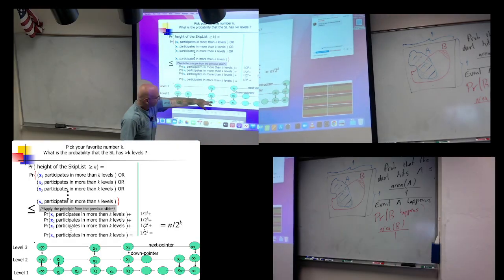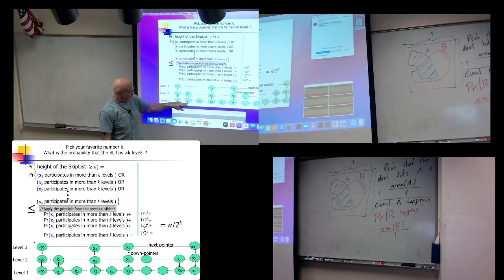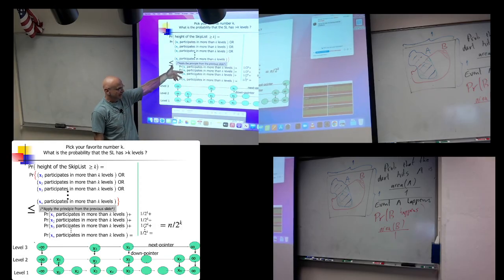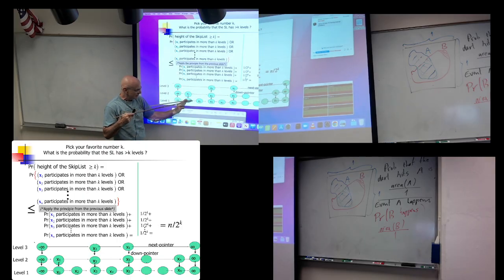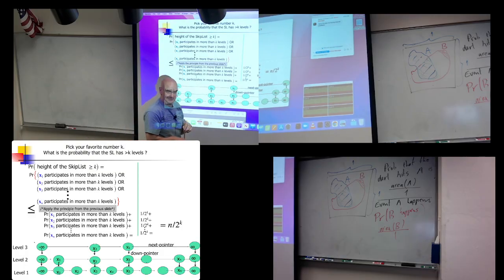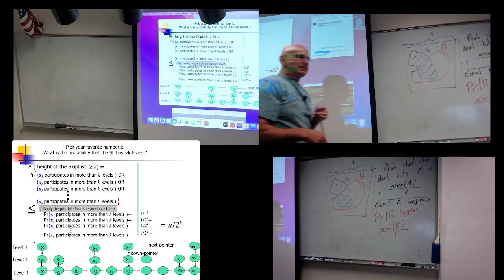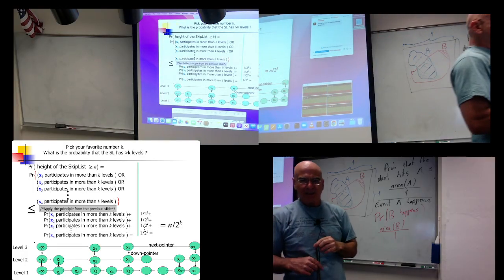Maybe it happens for X3 that it wants to be very tall. Maybe X1 is an annoying guy, etc. So to have a not too tall skip list, a normal size skip list, it means that none of the keys, not X1, not X2, not Xn, none of them wants to be in ridiculously too many levels.